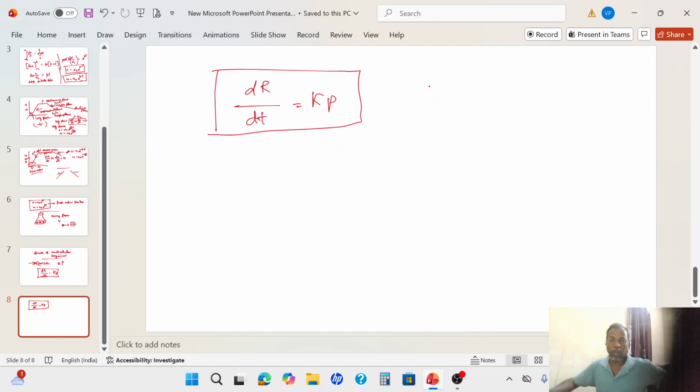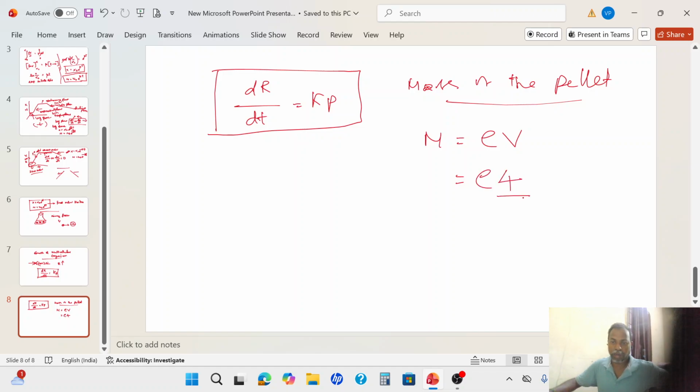So the mass of the pellet would be written as m. It is nothing but density into volume of the pellet. Density remains the same, whereas volume for a sphere is 4 by 3 pi r cube.